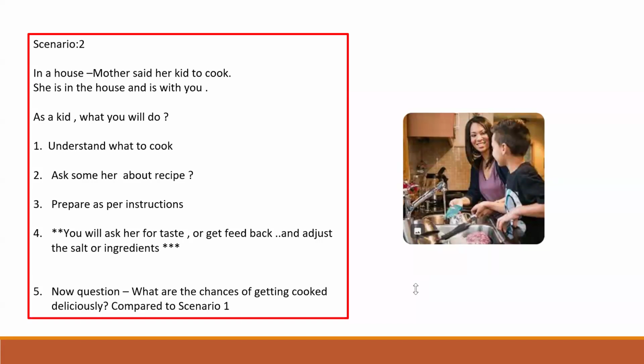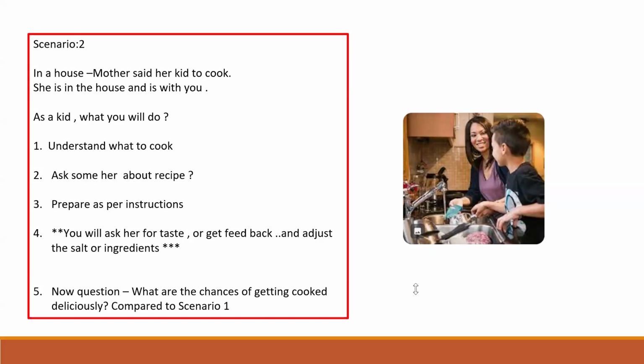But at the same time, if the kid is so introvert or so shy that he doesn't go to the parent and is doing it on his own, I'm reiterating this, if he is not showing what he's doing to the parent or whoever, probably the second scenario also would have been a failure if we didn't go and ask her, or if he's hiding something from his mother, then that would be a failure.